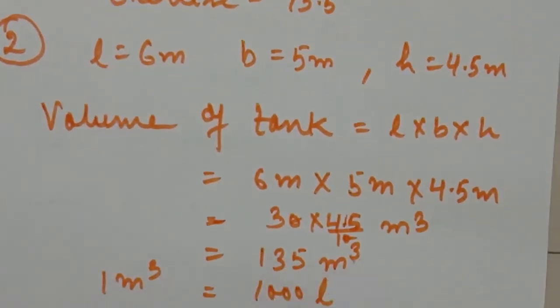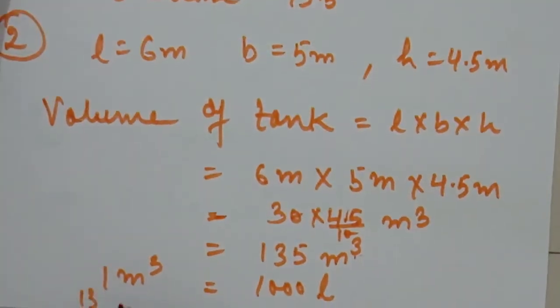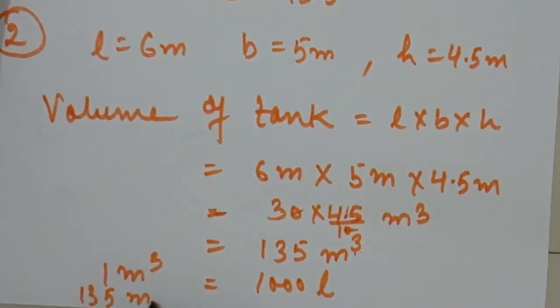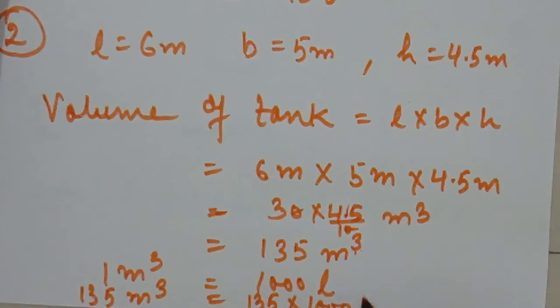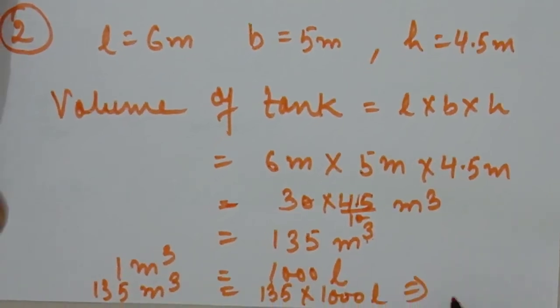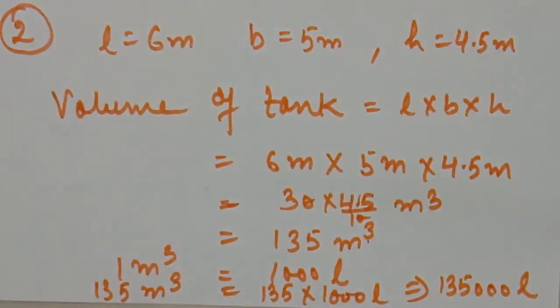So 135 meter cube is equal to how many liters? We multiply 135 by 1000 liters, and it becomes 135,000 liters. Correct? So this is the actual capacity of the tank in liters.